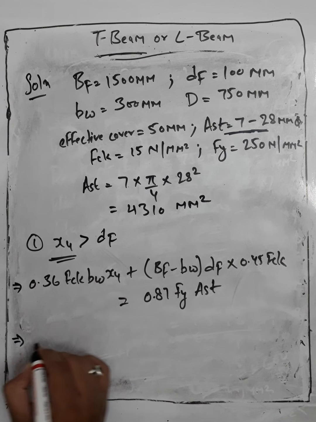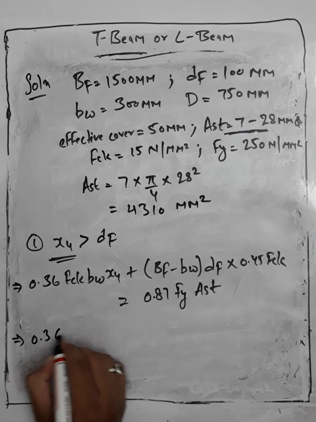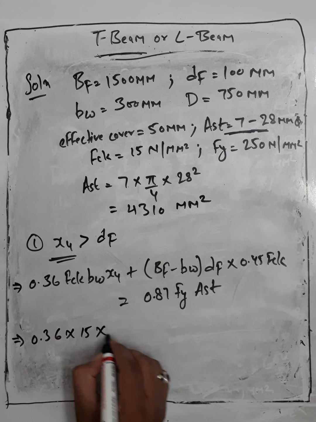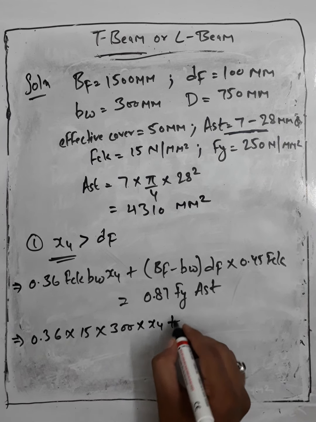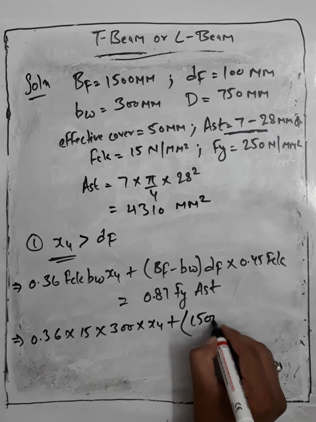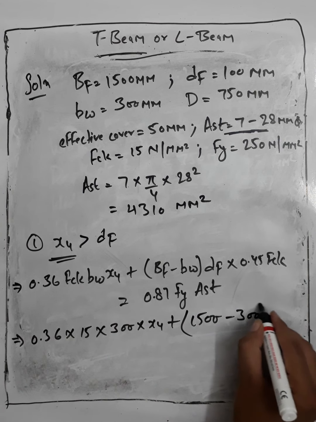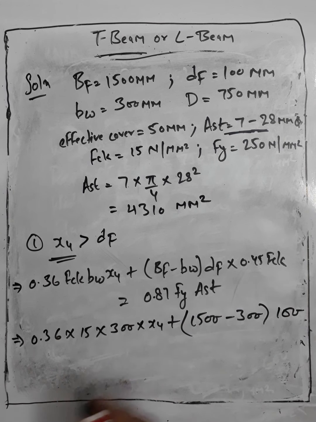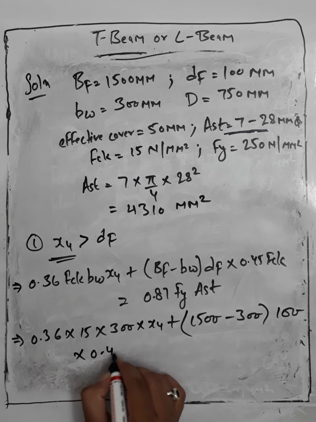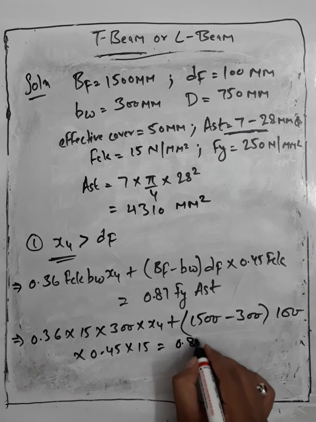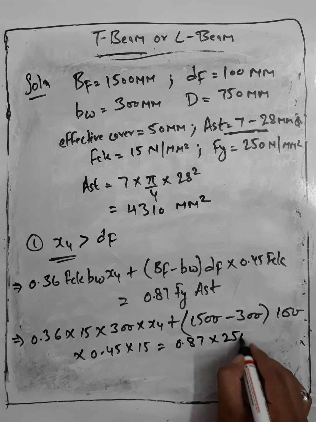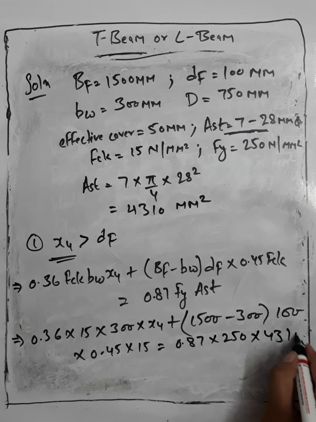Now put values in this equation: 0.36 into 15 into 300 into XU plus 1500 minus 300 into 100 into 0.45 into 15 is equal to 0.87 into 250 into 4310.